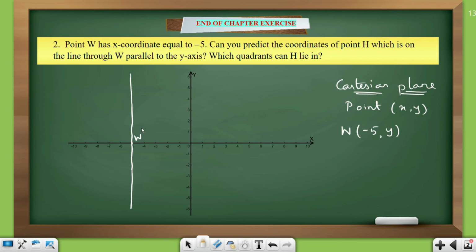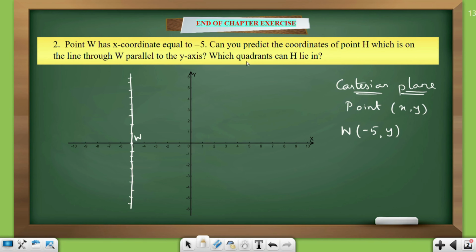We can plot the point H anywhere on this line, here or here. So we can't predict the exact coordinates of the point H because the y coordinate is not given.